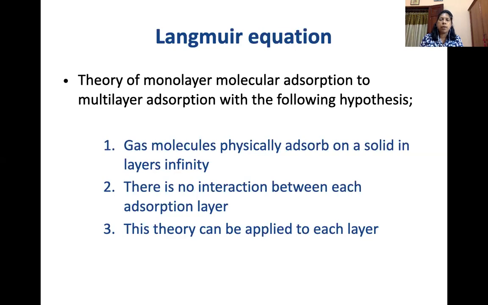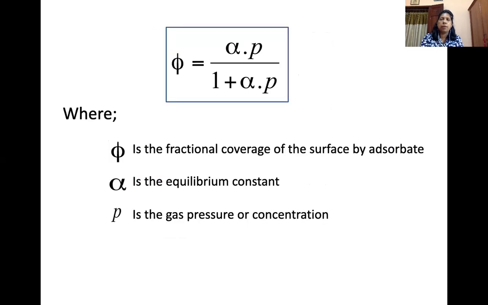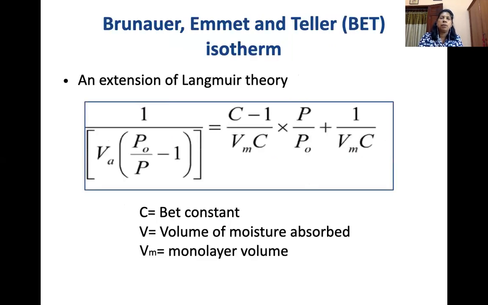There is no interaction between each adsorption layer, and this theory can be applied to each layer, right? In the Langmuir equation, there is an equilibrium constant, gas pressure or concentration, and the fractional coverage of the surface by adsorption. It's a bit complicated, and food engineers are involved in this situation. However, Brunauer, Emmett, and Teller, the BET isotherm, is an extension of the Langmuir theory.